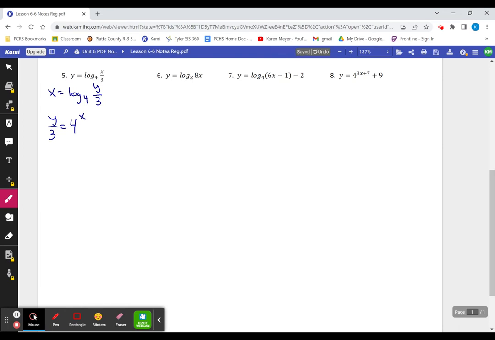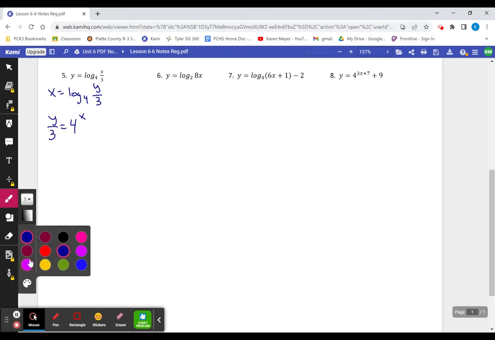Okay, now I have to actually do something else to get y by itself. So to get rid of the dividing by 3, I would multiply by 3. So then I get y equals 4 raised to the x times 3.